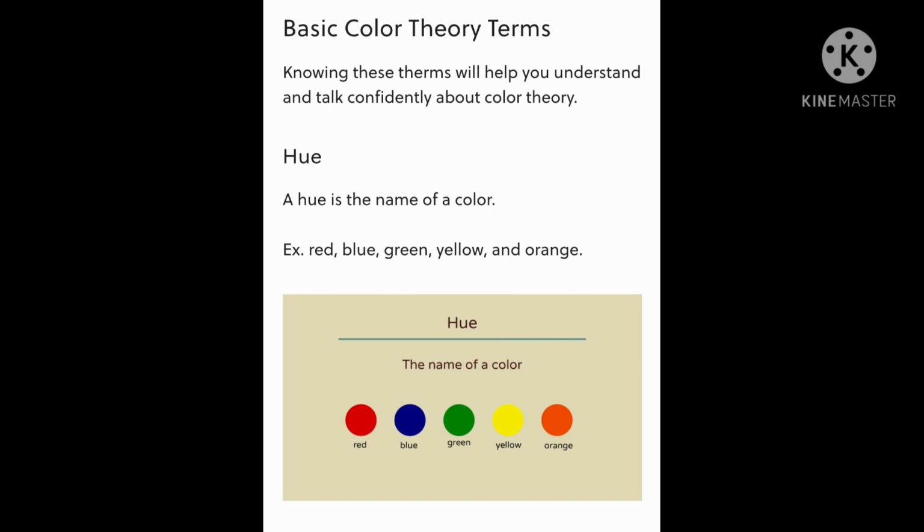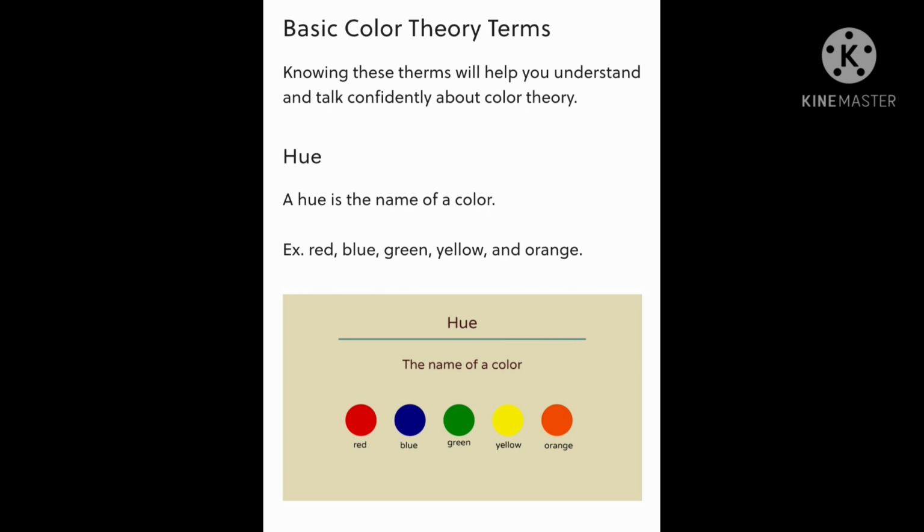Now, moving a bit deeper into the concepts of color, let us learn about the basic terms when it comes to color. Actually, knowing these terms will help you to understand and talk about colors and color theory confidently.